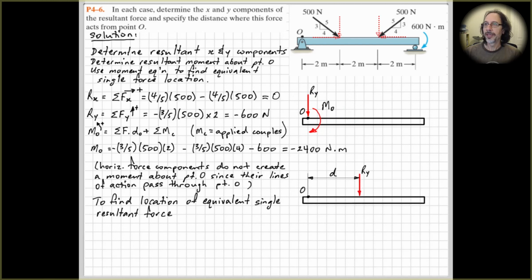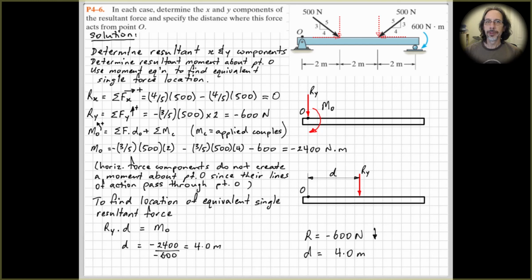We don't know how far, so label that with an unknown distance d. We know the moment that we need to get is what we got up here. We know what Ry is, we just need to get Rd. So if we rearrange that equation, dividing the moment by the force, we get our distance of 4 meters.